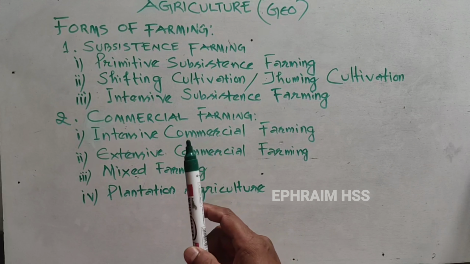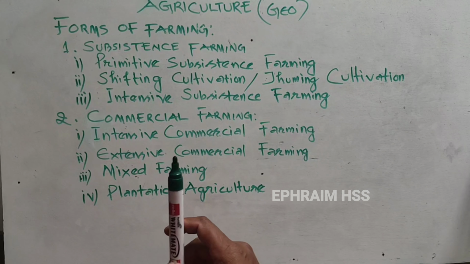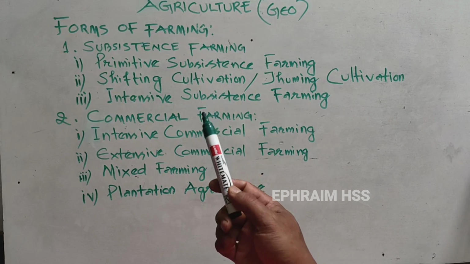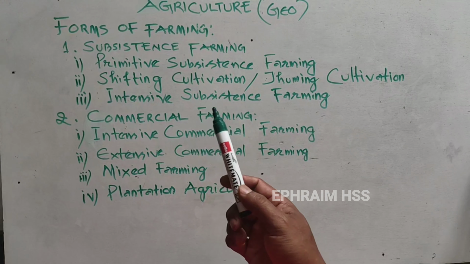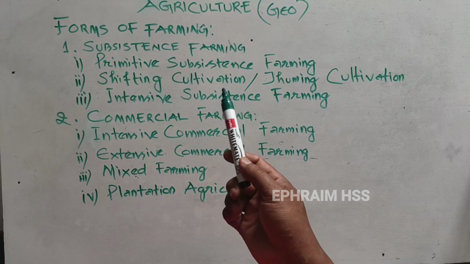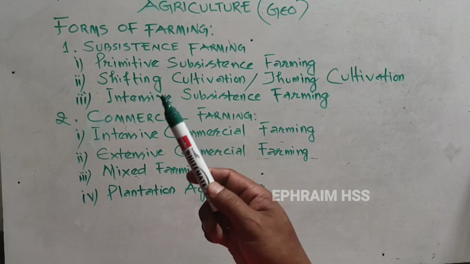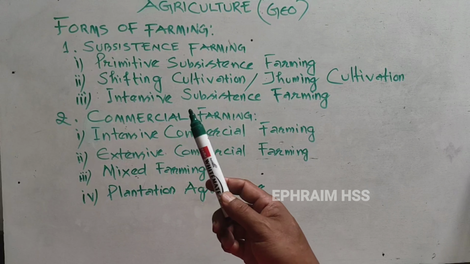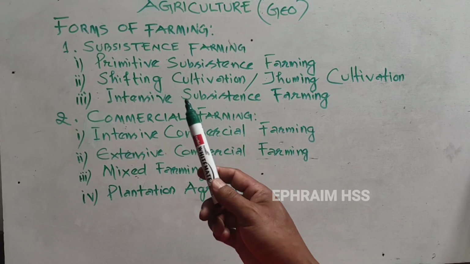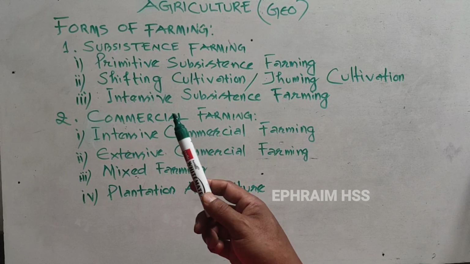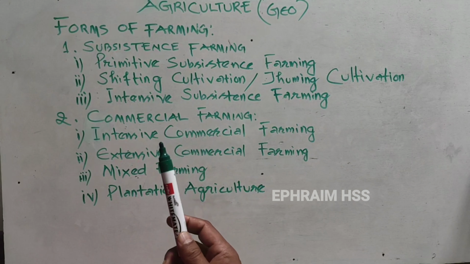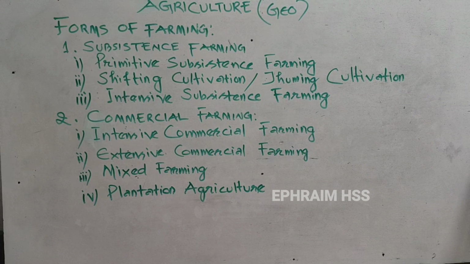And the farmers also depend on the monsoons, that is the rainfall, and use little or no scientific inputs. And animals are also reared. The soil is not enriched artificially, that is manure or chemical fertilizers are not used in such types of farming, and the yield is very low.